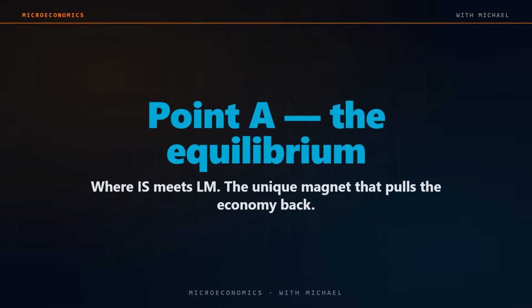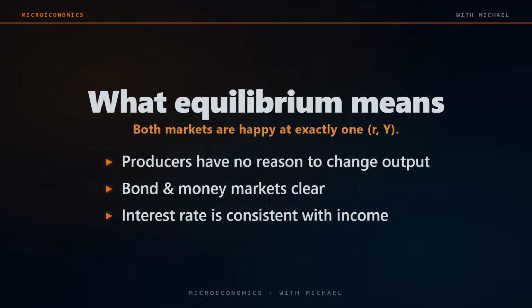At point A, the combination of the interest rate and national income is exactly right. Both markets are simultaneously satisfied. The producers in the goods market have no reason to change their output. The bond market and money market both clear. Everybody is happy. This is the only place where the IS curve and the LM curve intersect, and it is the unique macroeconomic equilibrium.